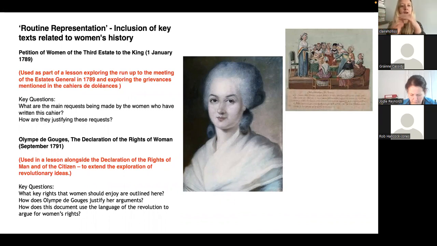By thinking, okay, where are the opportunities, but also what is it that including these stories of women, or any other underrepresented theme or group, can do to help my students' understanding? How can it actually push them further? That is, I think, a way of avoiding the problem of just putting stories in for the sake of it. These stories are doing work. They are having an impact on students' understanding.